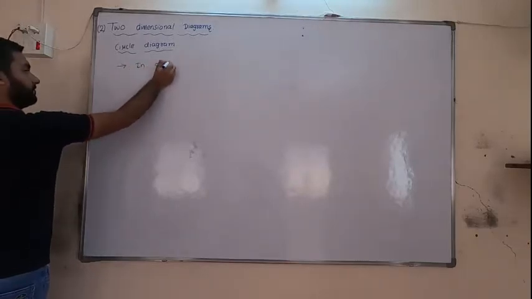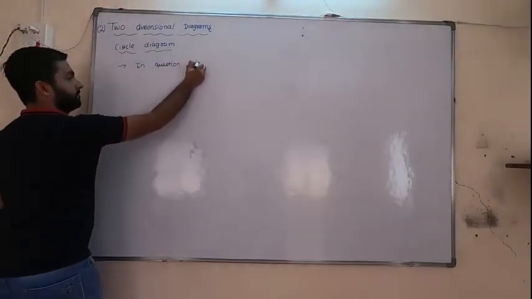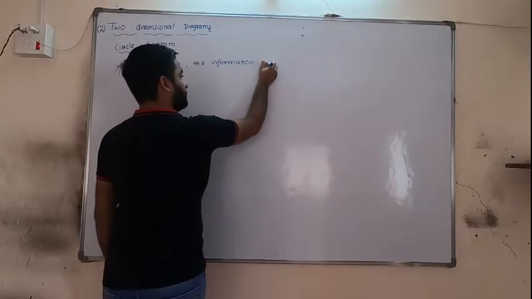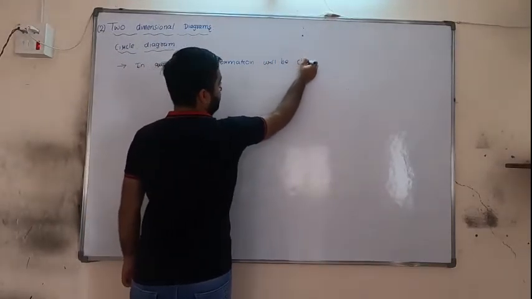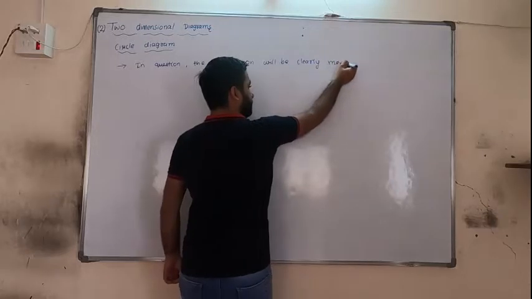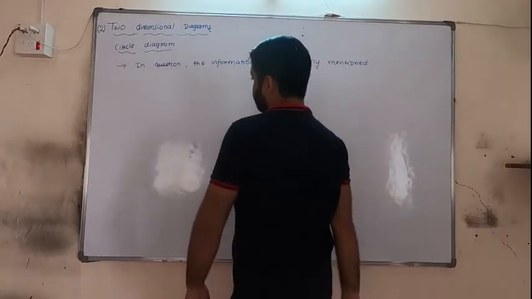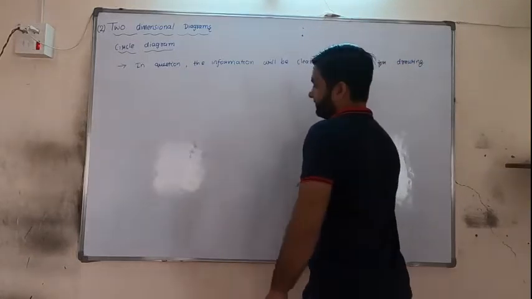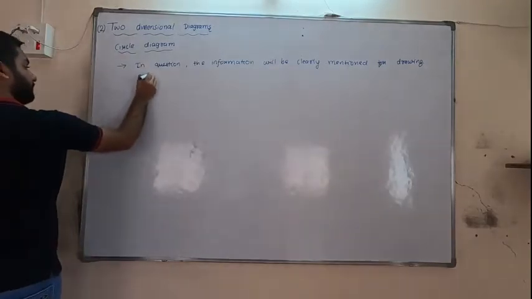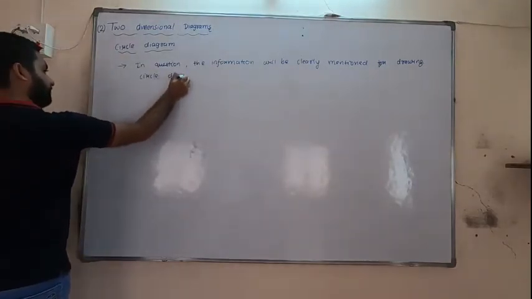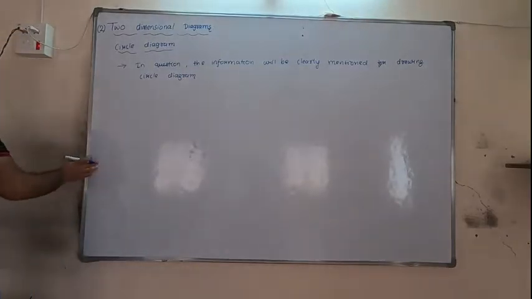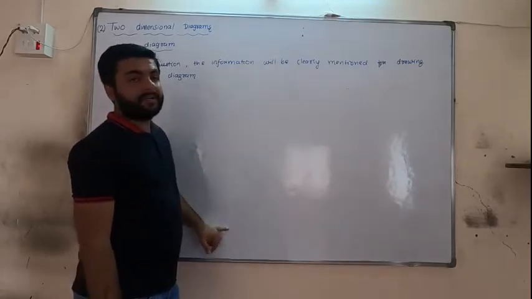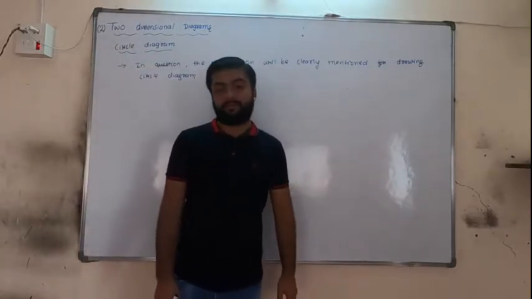In question, the information will be clearly mentioned for drawing the circle diagram. Means you can understand, you don't have to think about a suitable diagram or anything.